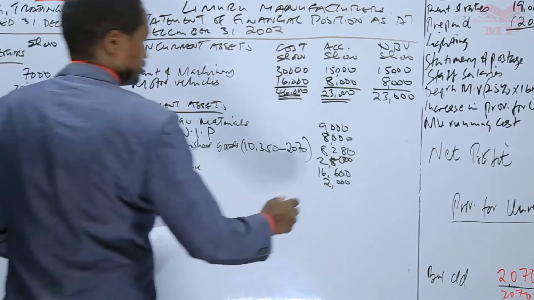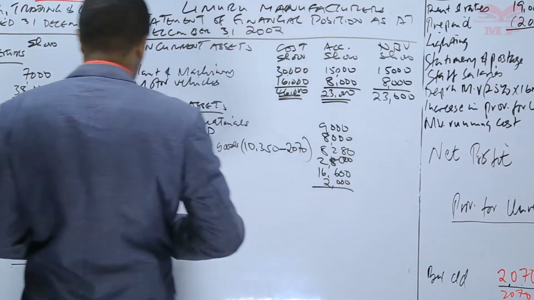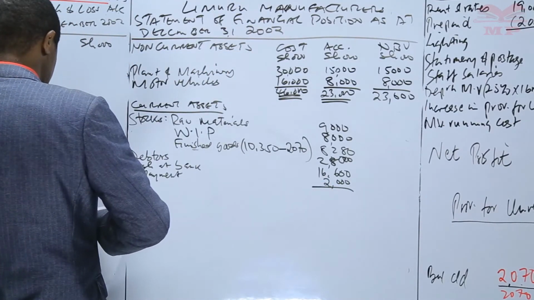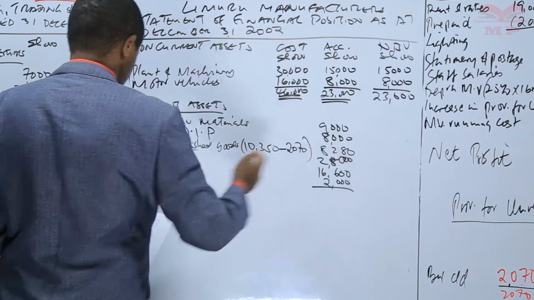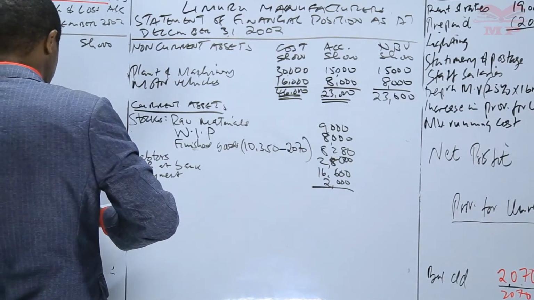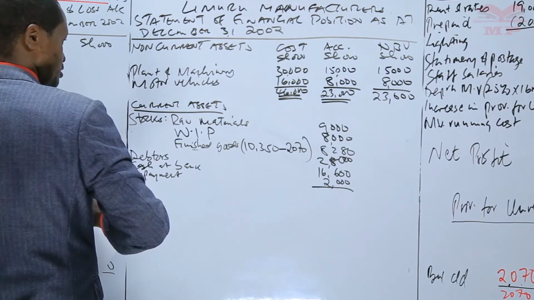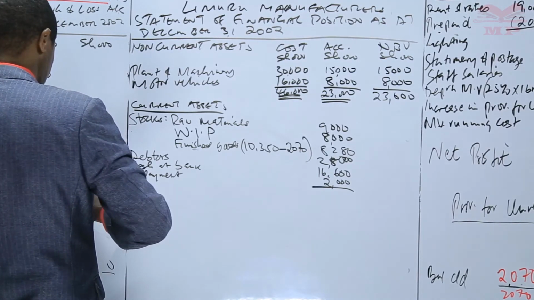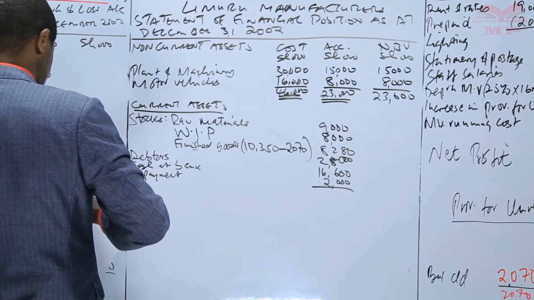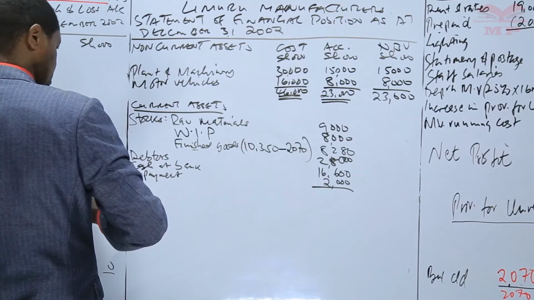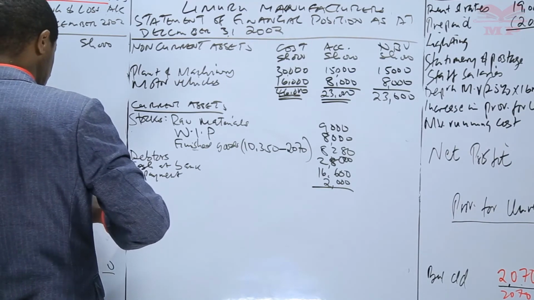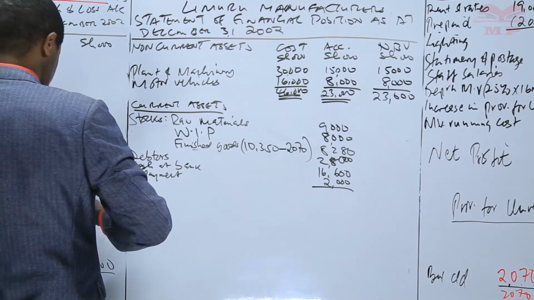No. So let's add the current assets, starting from 9 million plus 8 million plus 8,280 plus 28 million plus 16,600 plus 2 million.